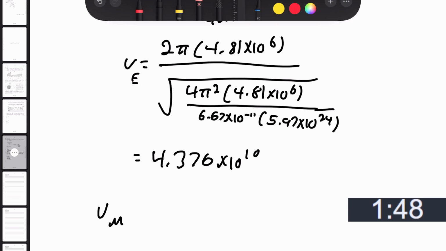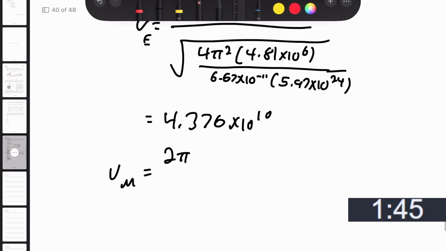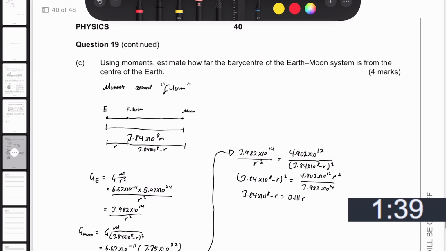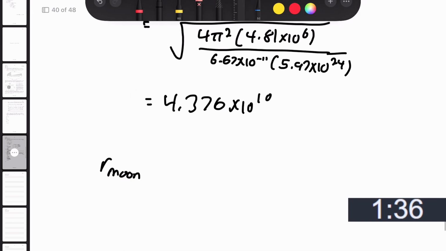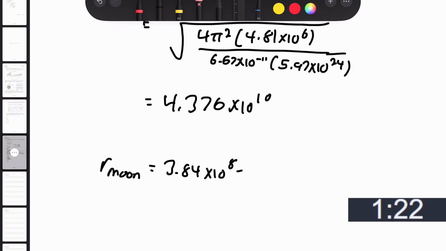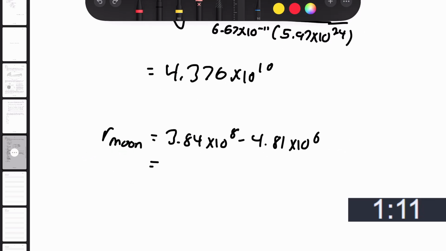And the velocity of the moon is going to equal, say, the radius of the moon: 3.84 times 10 to the power of 8 minus 4.81 times 10 to the 6, so 3.79 times 10 to the 8 meters.